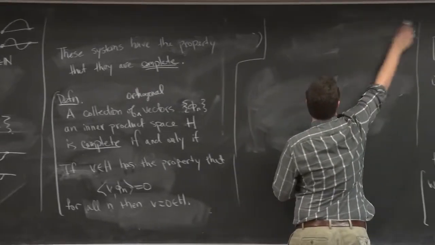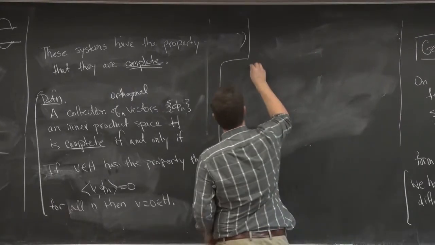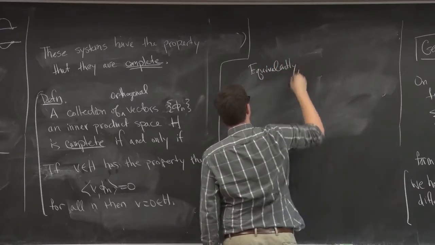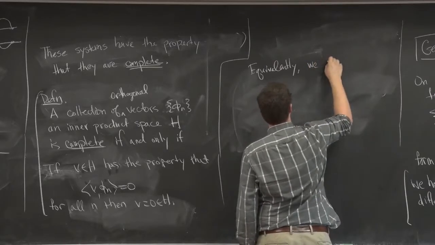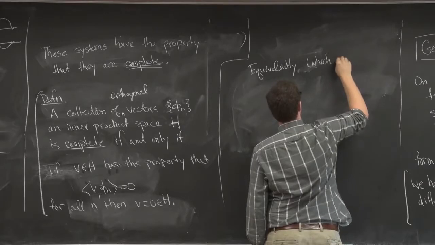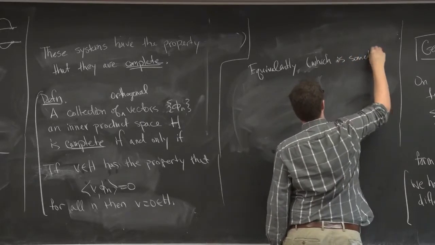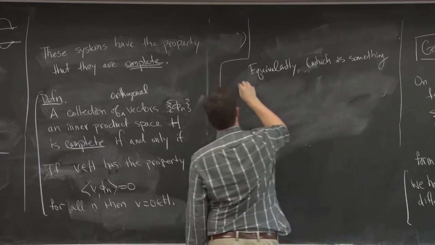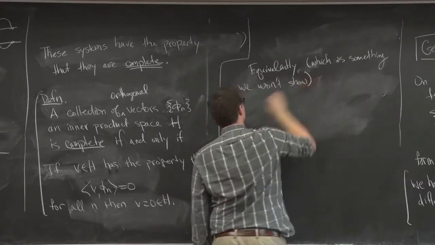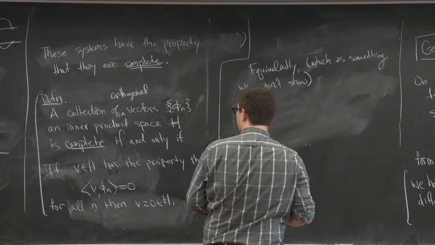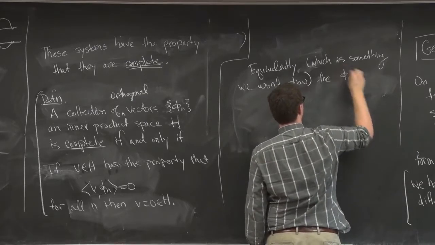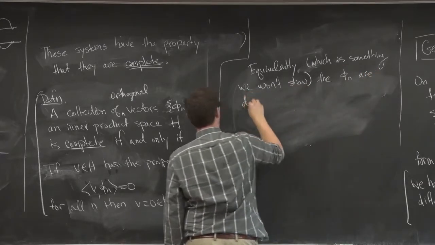So there's an equivalent way of saying this. It's something we won't show, but it's true. We can say that the phi n are what are called dense.